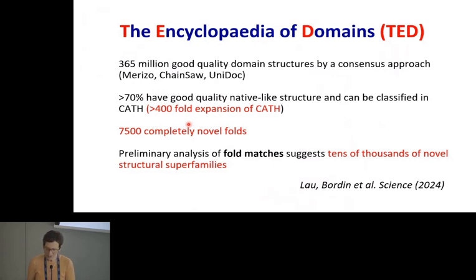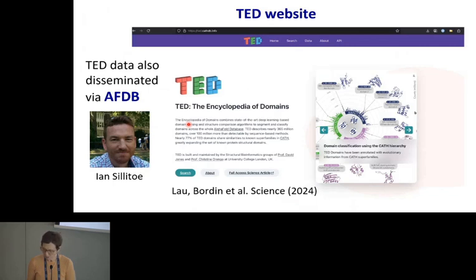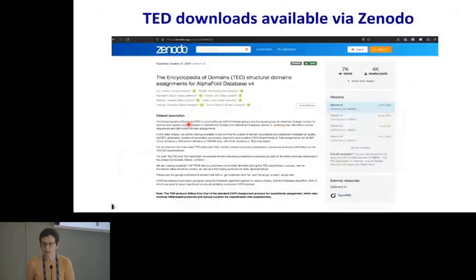And again, thanks again to Ian, more beautiful web pages from him, but also thanks to Samir Valenka and the team at the EBI, because the AlphaFold database is now disseminating the data through their web pages as well. We've made all the TED data available for anybody who's interested in using that information.